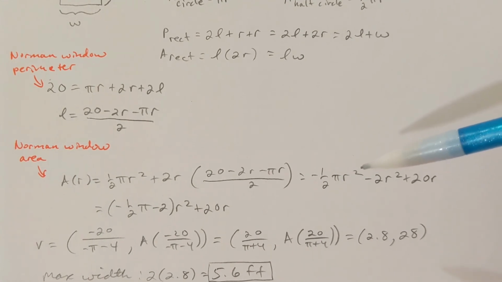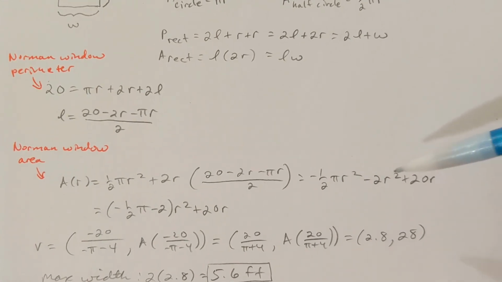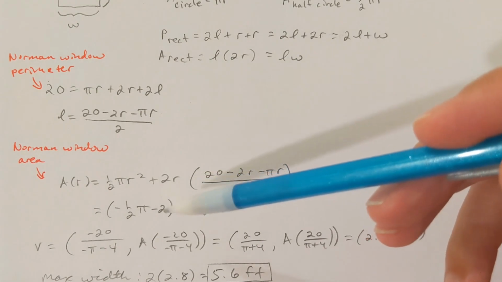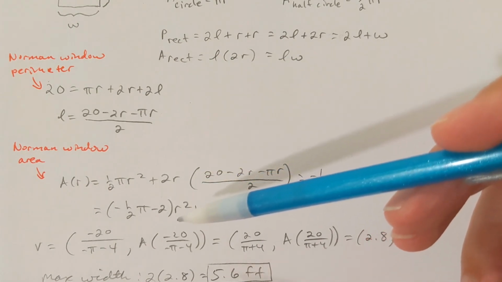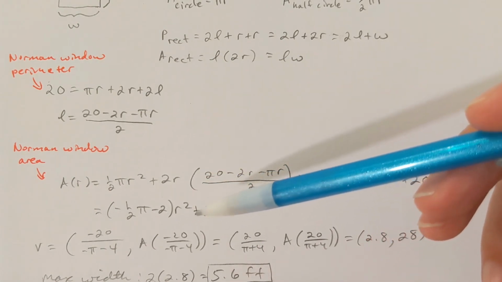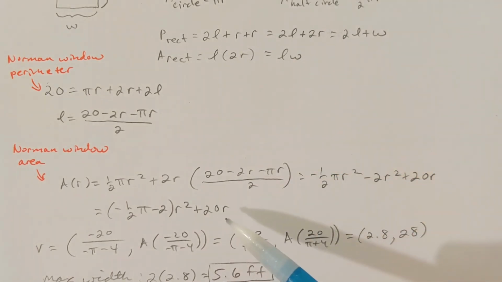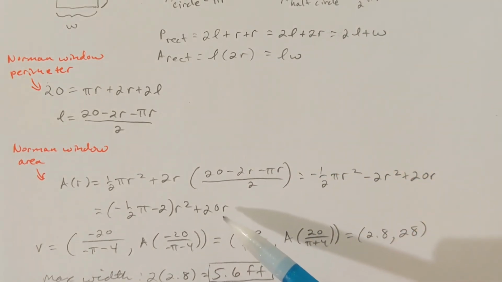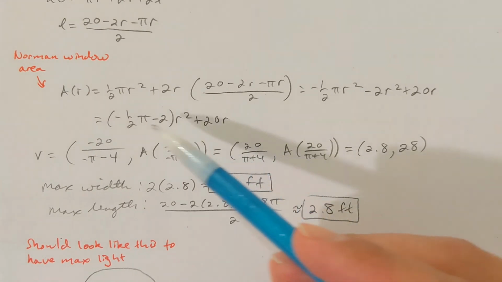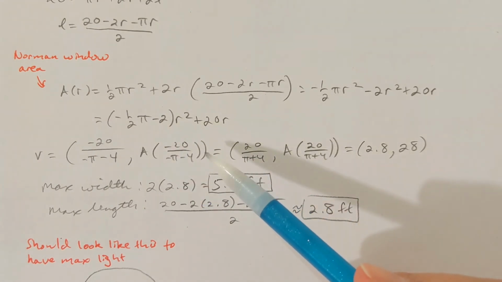So I got, when I simplify this, negative 1/2 pi minus 2 times r squared plus 20r. Okay? And that's what I've got to find the vertex for.